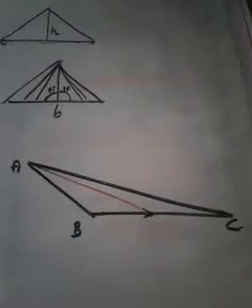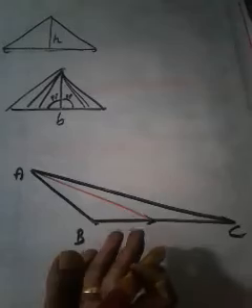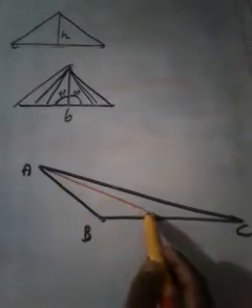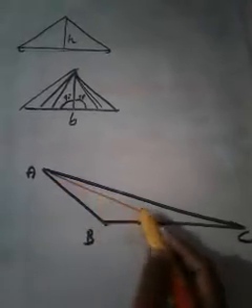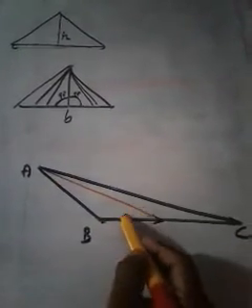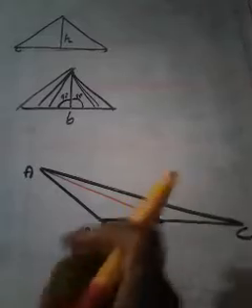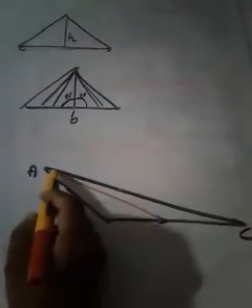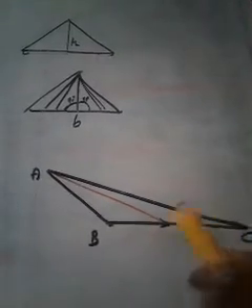No, very good. Why? Because that height is not straight to the base. This is the base, no? Can you say that this height is perpendicular to the base? No, because this is not 90 degrees. So can you draw a height like this? No. Like this? No. Like this? No. Then what can we do?